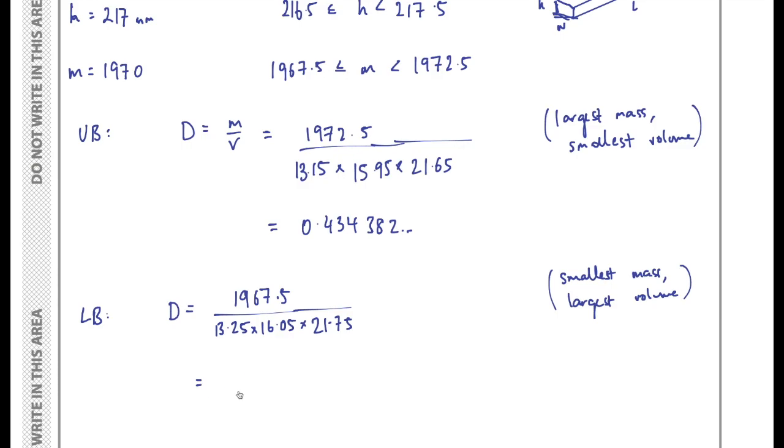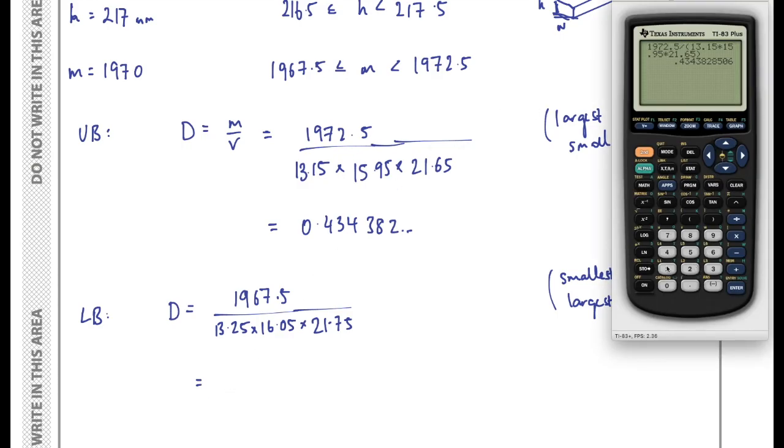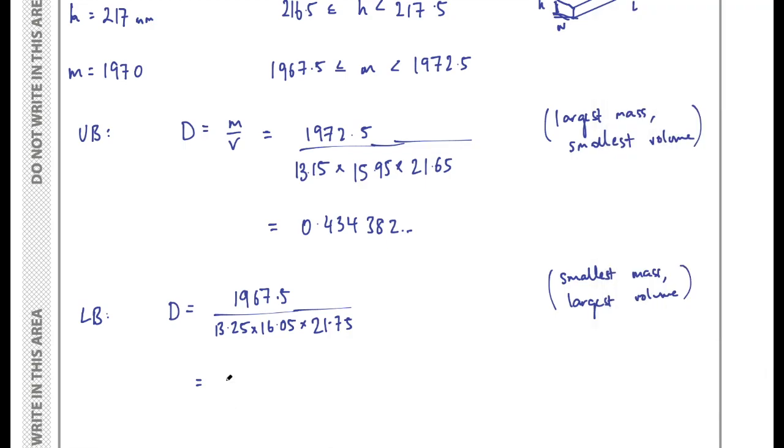Okay, putting that into a calculator, 1967.5 divided by all of this, 13.25 multiplied by 16.05 multiplied by 21.75, and I get an answer of 0.425367, and 3 dots to show that continues on.